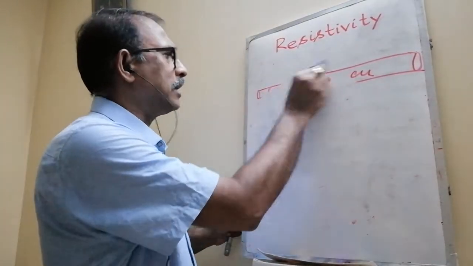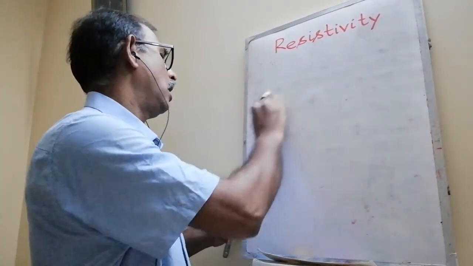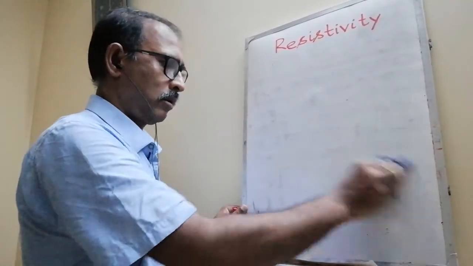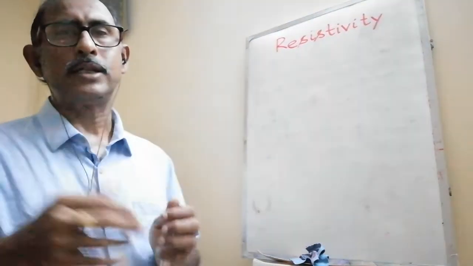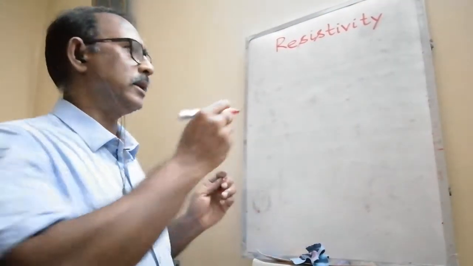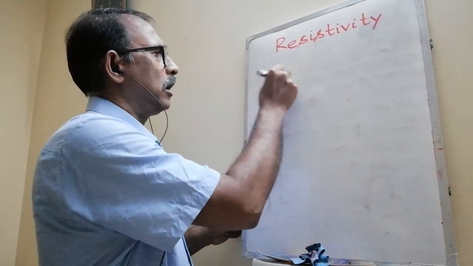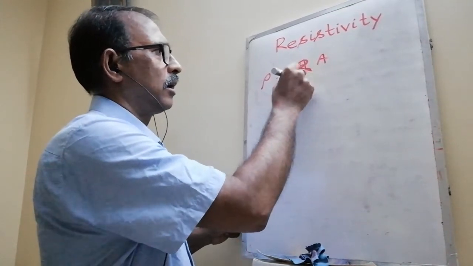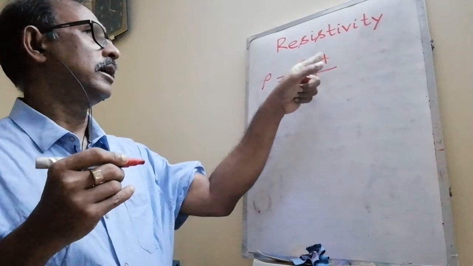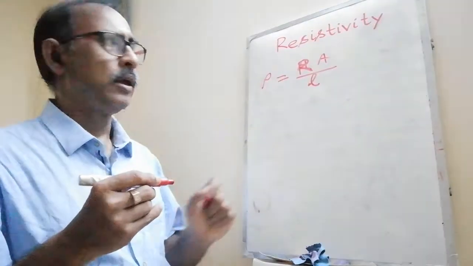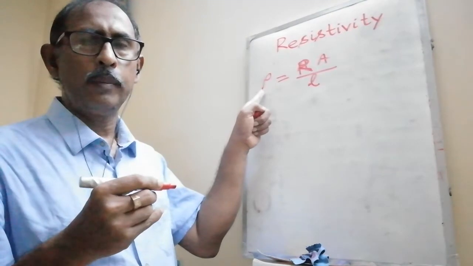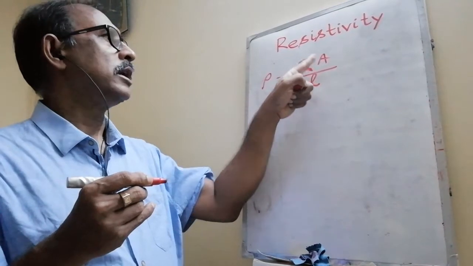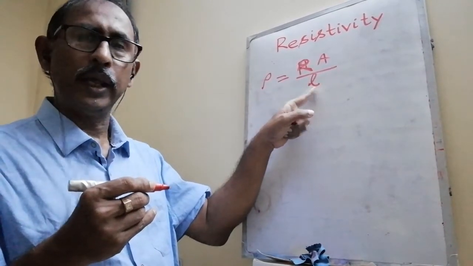Now, when this resistivity is measured, you need a unit. What will be the unit of this resistivity or specific resistance? We know that rho is equal to R A by L, resistance into area divided by length. So the unit of rho depends on the unit of resistance, unit of cross section and unit of length.